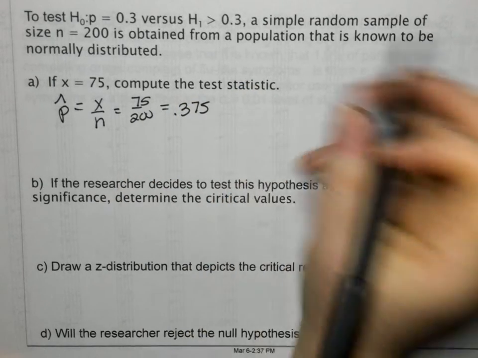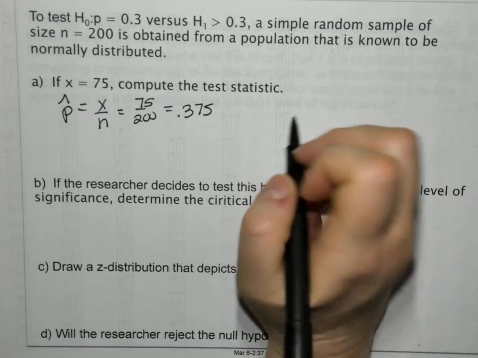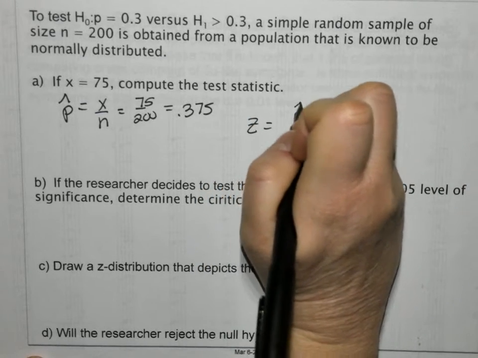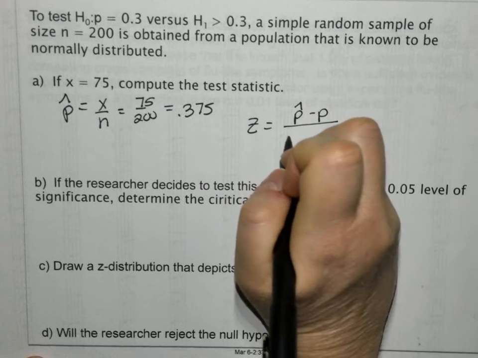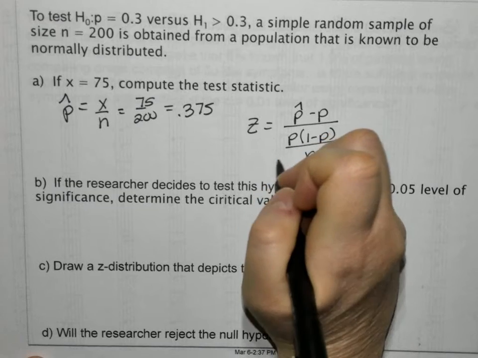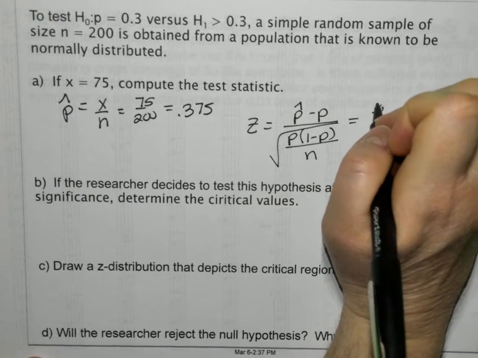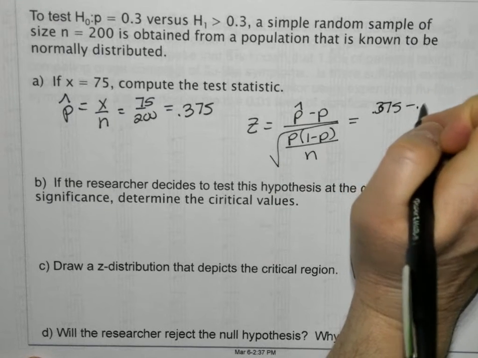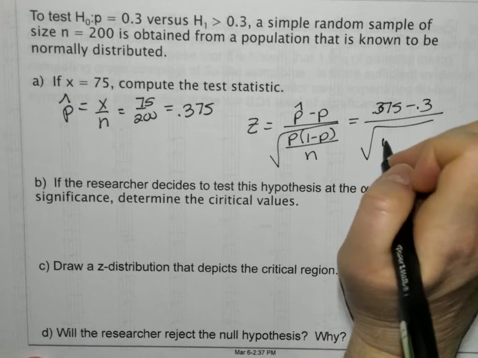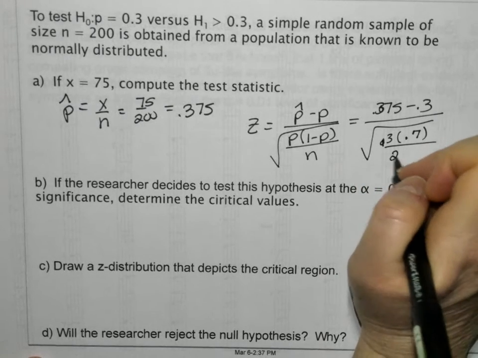I'm going to keep that, and I'm going to go to my z formula, which is p hat minus p over the square root of p times 1 minus p over n. So if I do the math, 0.375 minus 0.3 divided by the square root of 0.3 times 0.7 over n, which is 200.